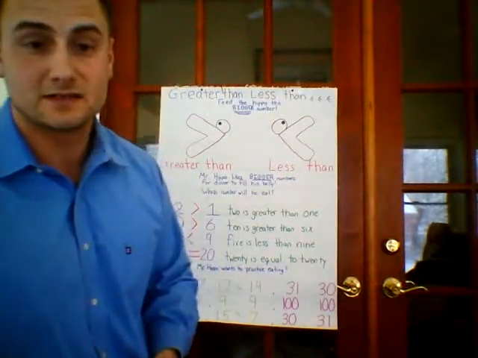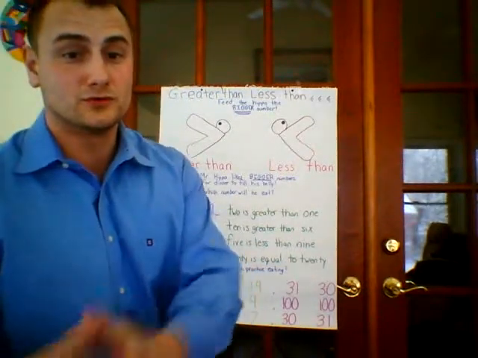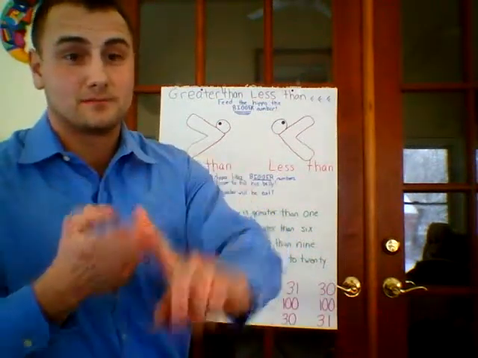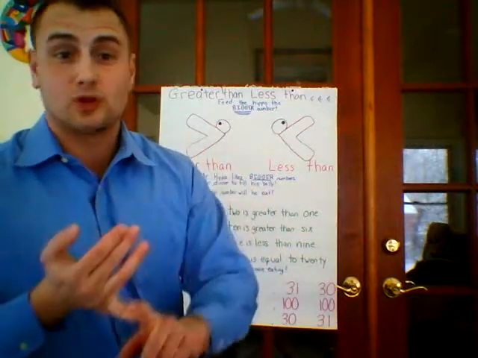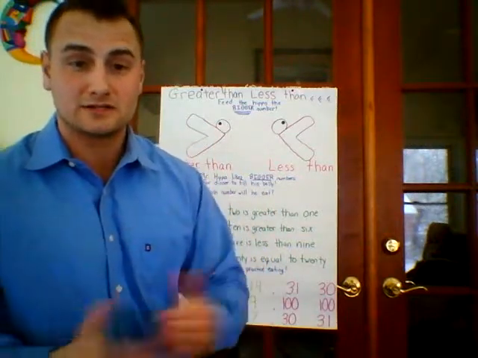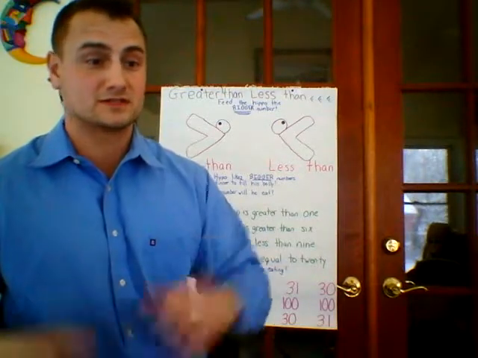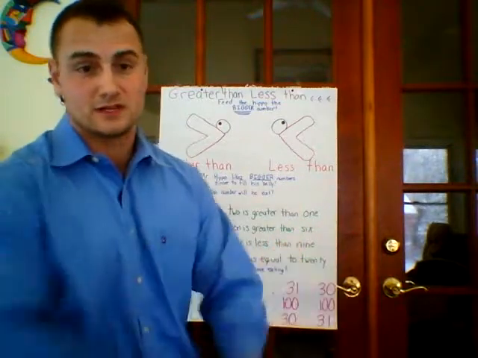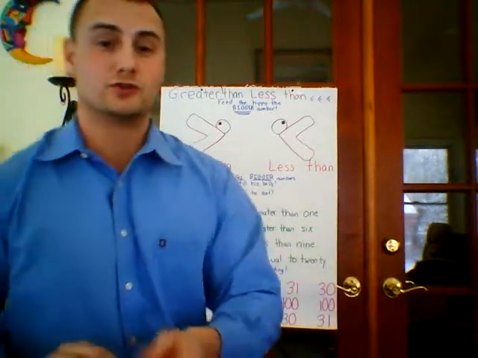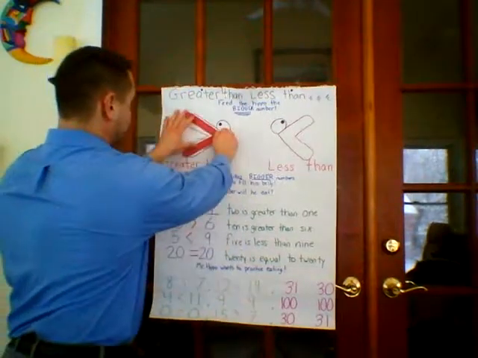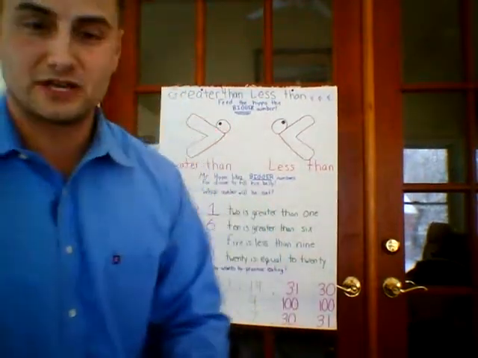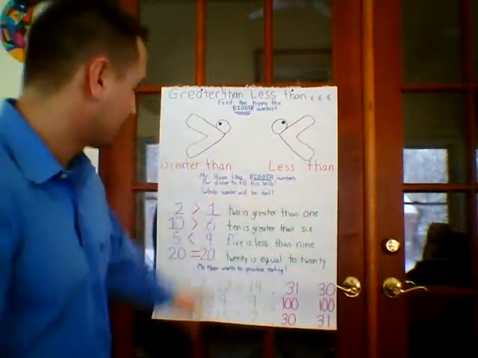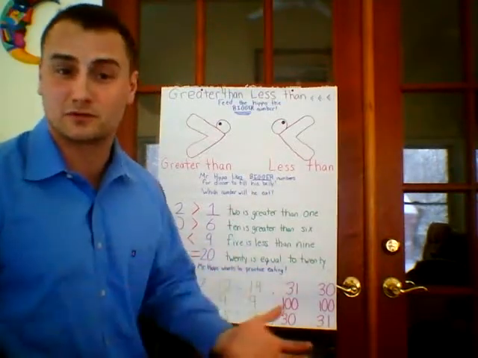I will also use objects if they are having any further trouble, such as apples, bananas, crayons, Sharpies, highlighters, bouncing balls, something that I could keep in a basket to show them that 2 bouncing balls is greater than 1 bouncing ball using my prop. And it's a great way to differentiate the lesson for students that learn by seeing the objects up close instead of reading numbers and signs on a poster.